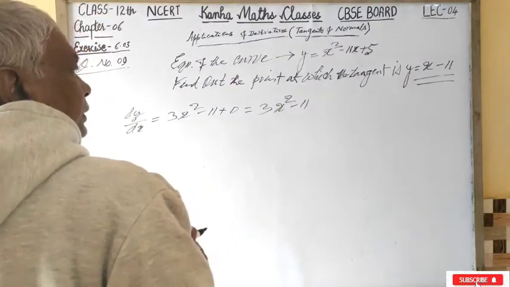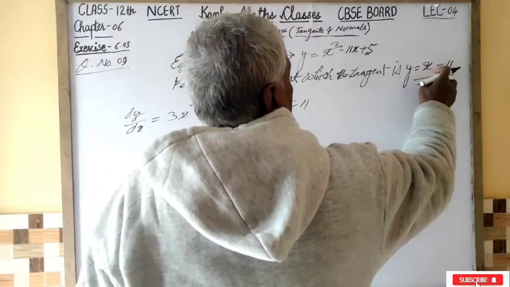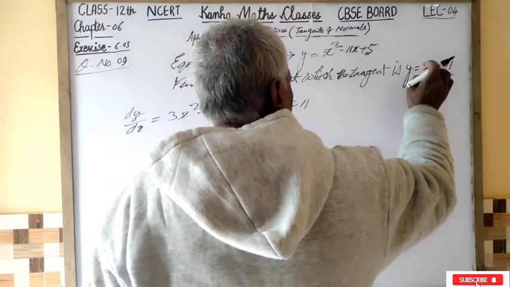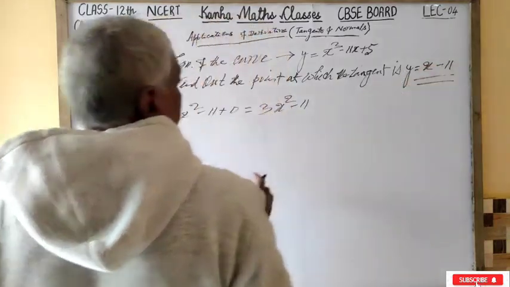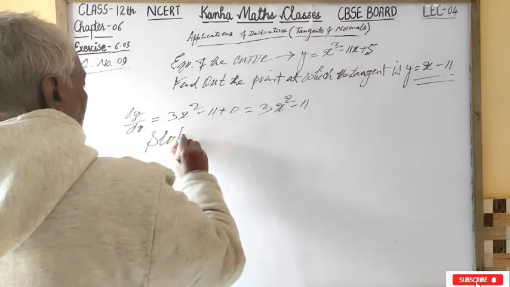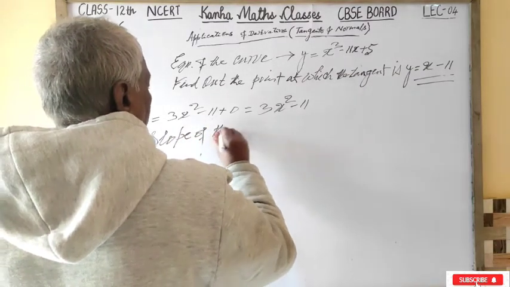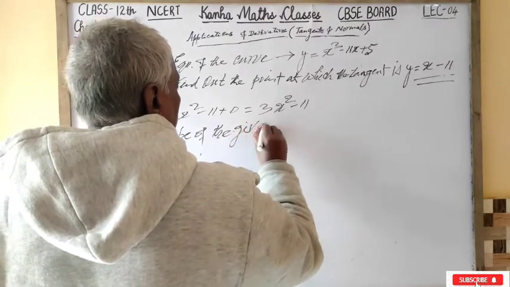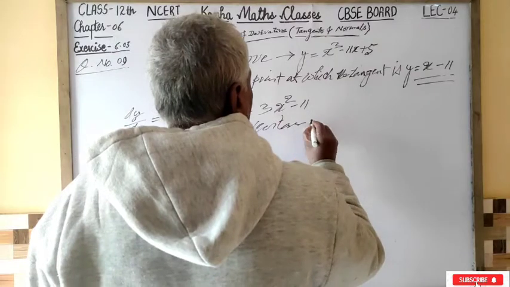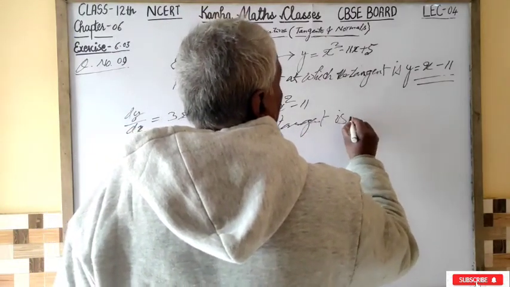The given condition is that the equation of the tangent is y is equal to x minus 11. Here the slope of the given tangent is 1.